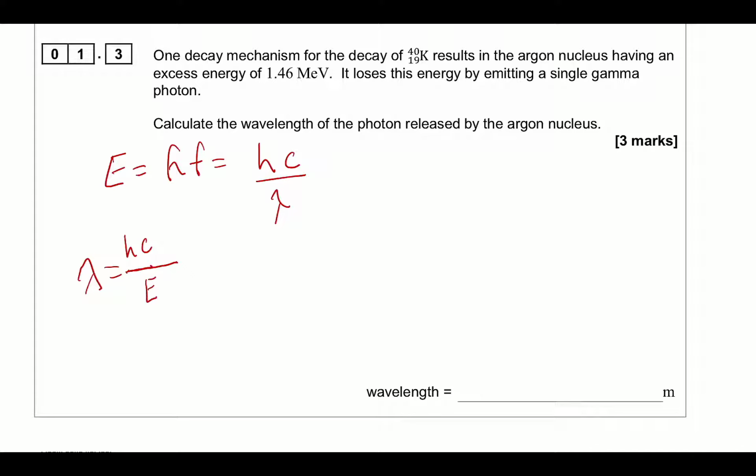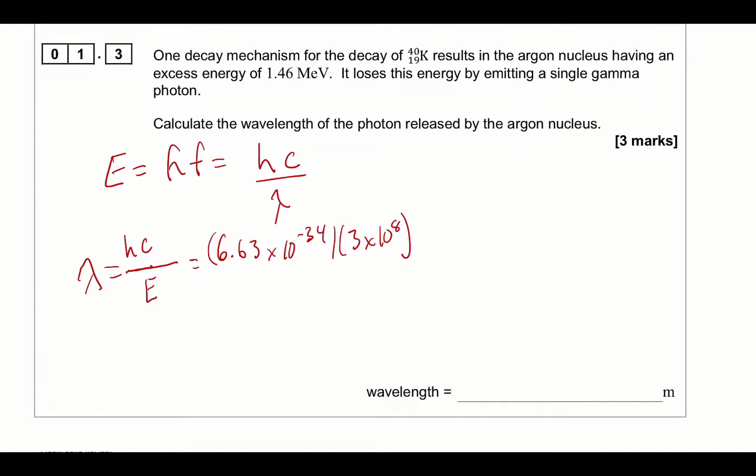Okay, so go to the trusty formula sheet. So h is 6.63 times 10 to the minus 34 times c, which is 3 times 10 to the 8.